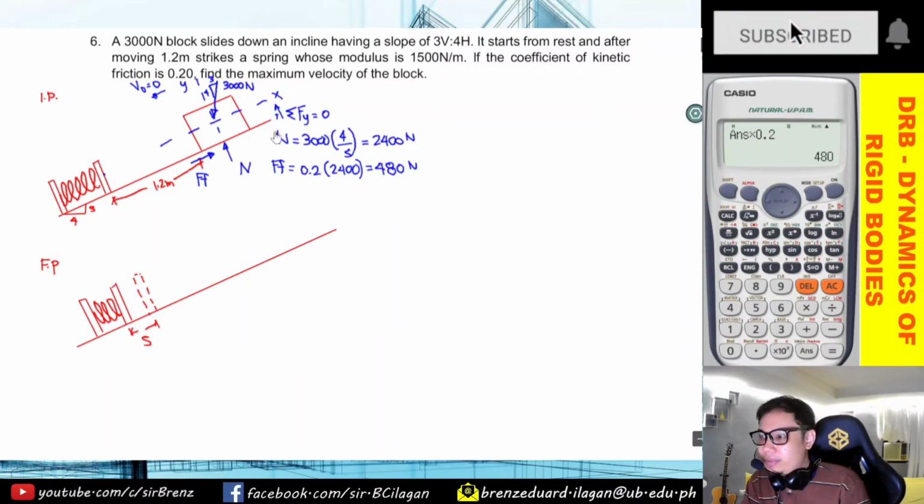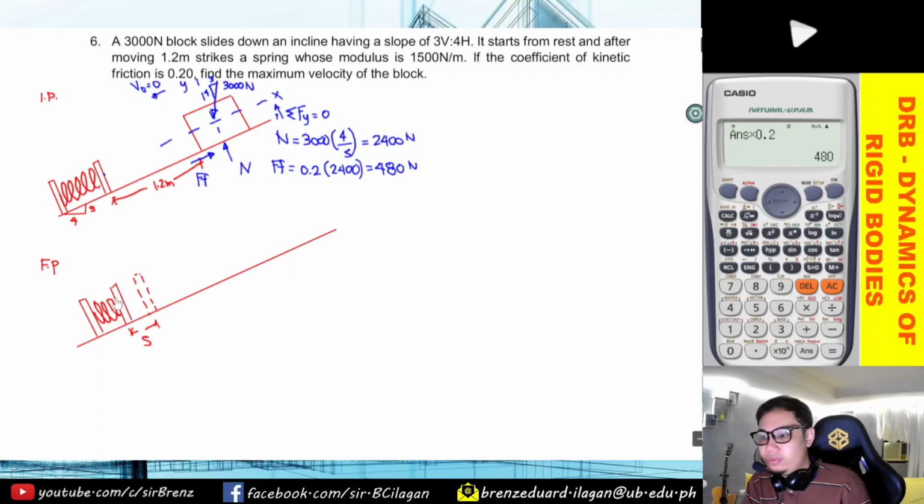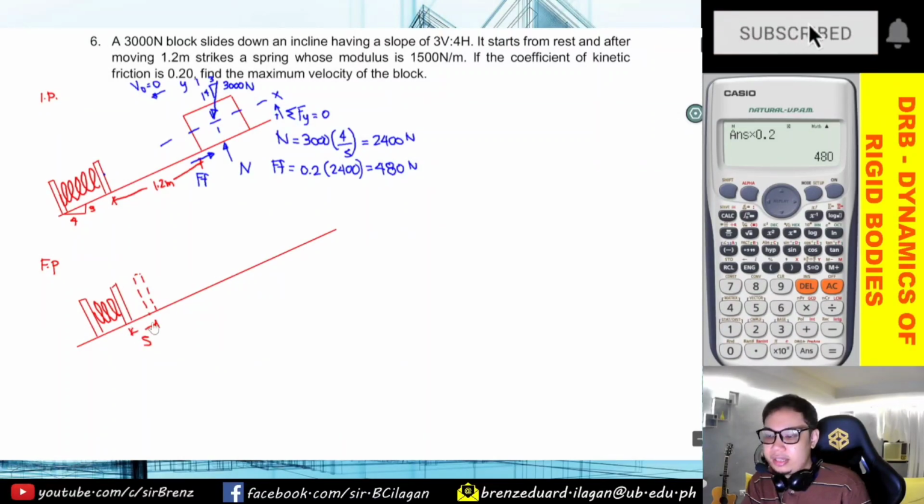So, what will happen in this equation? So, sige. With that, magsasummation tayo ng work. Okay? So, from point 1 up to point 2, or yung block mo is nandito na. Consider na natin yung work done by the spring.